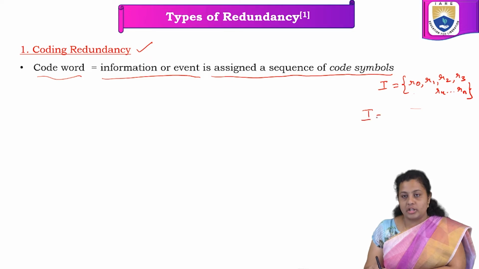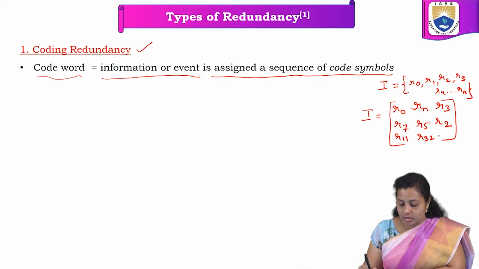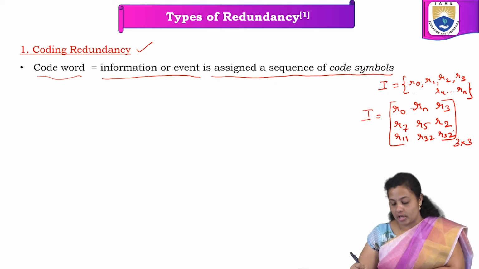The actually generated image has the matrix R0, R0, Rn, R3, R7, R5, R2, R11, R32, R52. Say I have a generated image of 3 cross 3 which has the intensity values as shown here.